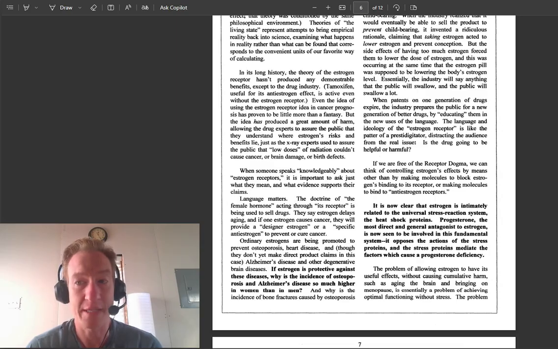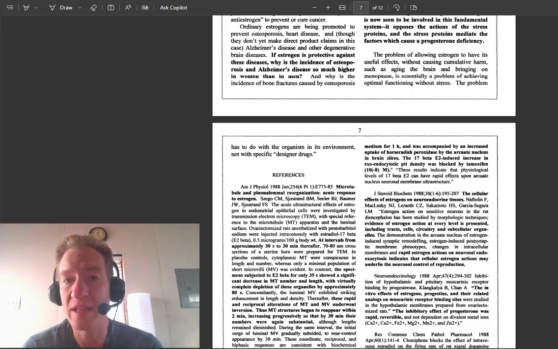This next paragraph is in bold, and it says, "It is now clear that estrogen is intimately related to the universal stress reaction system, the heat shock proteins. Progesterone, the most direct and general antagonist to estrogen, is now seen to be involved in this fundamental system. It opposes the actions of the stress proteins, and the stress proteins mediate the factors which cause a progesterone deficiency.